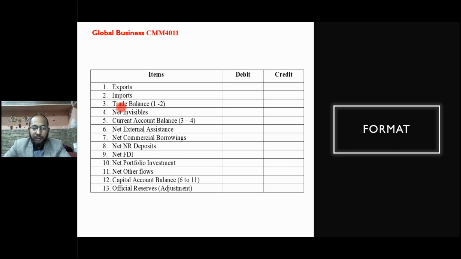trade balance, net invisibles, and this is how we calculate the current account balance. So the current account has primarily three components: exports, imports, and net invisibles. Exports and imports are with respect to merchandise goods, and net invisibles are related to services.